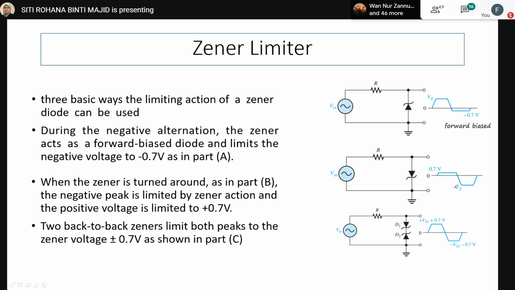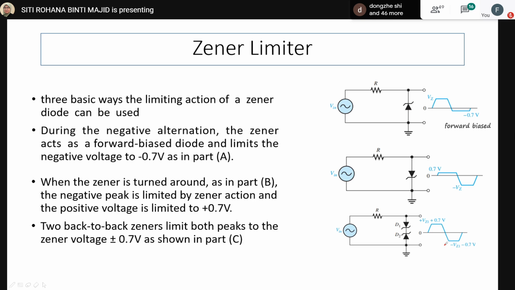For the next part, we can connect Zener diodes back to back, which we can use as an AC regulator. By using this arrangement, we can clip the waveform between a positive value, for example positive 6 volt, and a negative value.